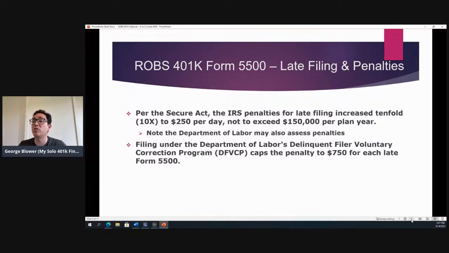So if that 5500 is filed sometime after that, you're going to end up having to pay $750 to the Department of Labor to file under the correction program. And the benefit of doing that is that it's going to cap your penalties. So you don't have to worry about the potential for these high penalties that could apply, especially based on the increase coming out of the Secure Act.